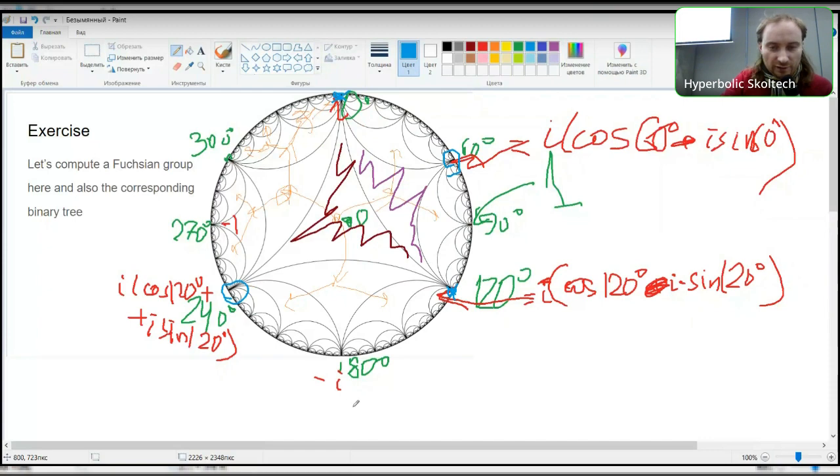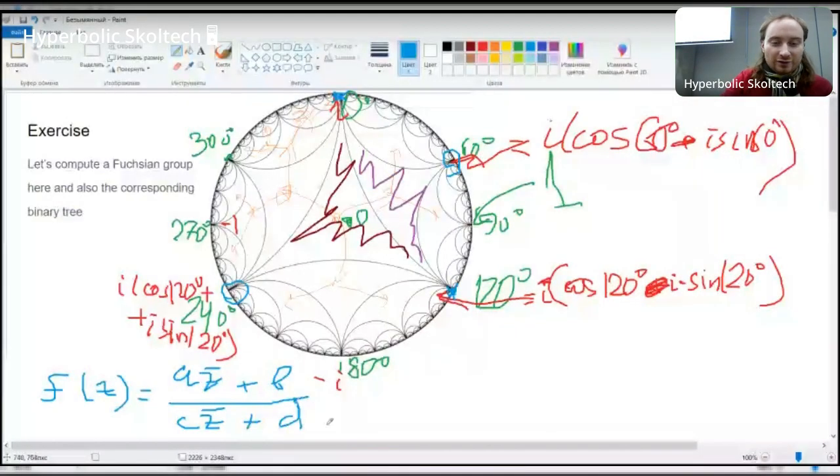Okay. So what I forgot to do is to tell you that there is another type of motion, which is a fractional linear function of z conjugate.